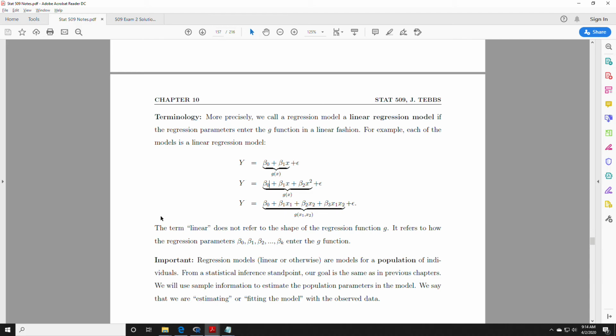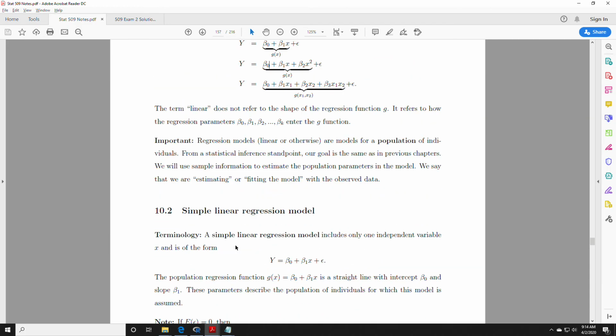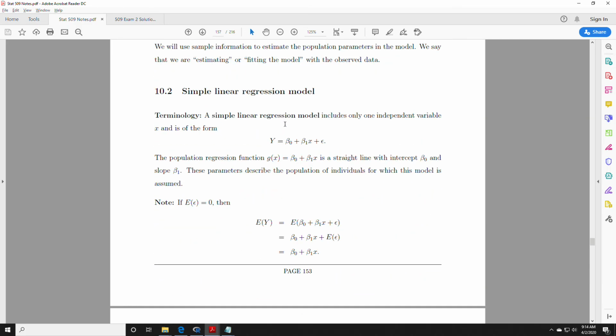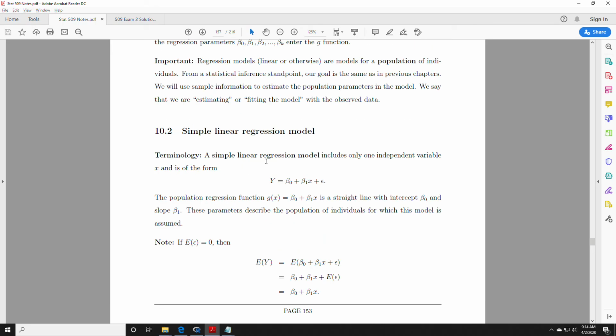Okay, so as I said, simple linear regression is the simplest case of linear regression such that we only have one covariate, one predictor variable. So all we want to do is use this x, this predictor variable, to gain information about y.